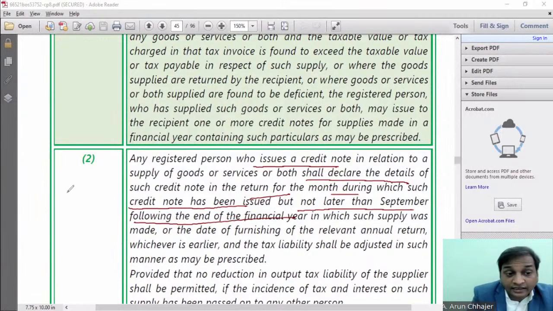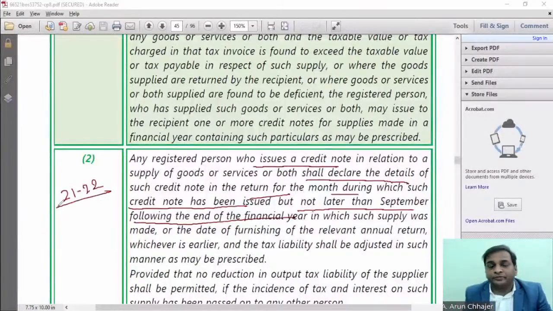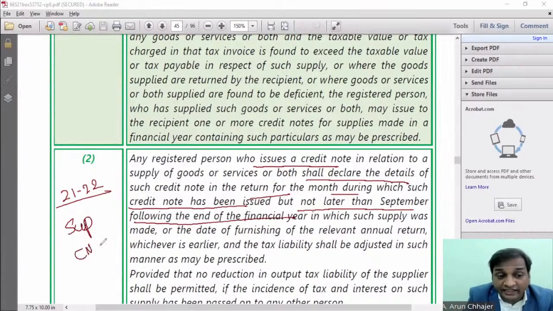It means, let's say we are talking about financial year 21-22. There is a tax invoice which has been charged extra, or the goods have been returned by my customer, or there is a deficiency. The supplier can issue the credit note till September after the end of the financial year, that is, till 30th September.